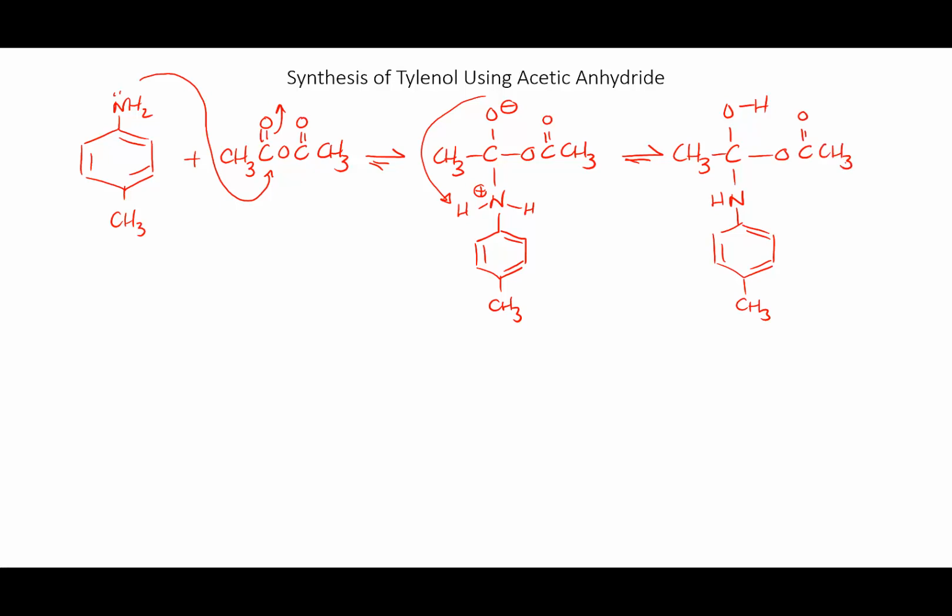Now, when we did this reaction, we did it in a buffer. If you remember that reaction, we used acetic anhydride along with a mixture of acetate and HCl, which made a buffer of acetic acid and the acetate. Now, what will happen next is the following. This pair of electrons is going to come down, and we're going to reform the carbonyl. You could say, why doesn't that happen over here? I mean, it could. But if the pair of electrons comes back down and forms the carbonyl, which one is a better leaving group?